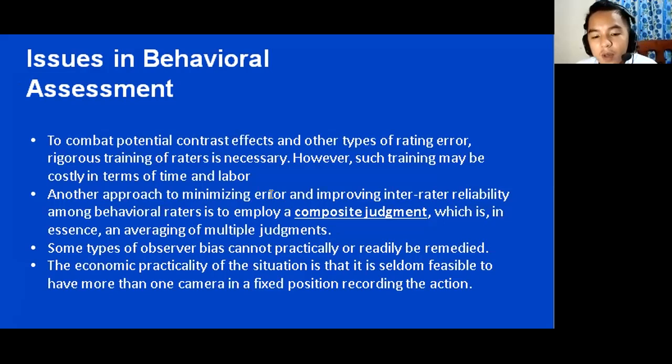Some types of observer bias cannot practically or readily be remedied. As I have said, the economic practicality of the situation is that it is seldom feasible. So that is about the issues in behavioral assessment.